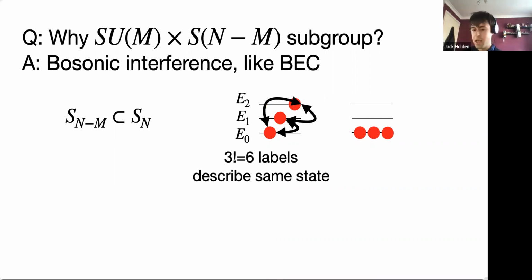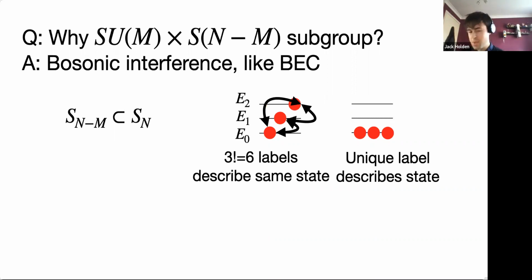So when we project out to get the gauge invariant state, we must correct for the overcounting, whereas if particles are in the same energy level, then there's one label which corresponds to one state. For this reason, particle states which have this permutation symmetry are effectively enhanced over situations like this.